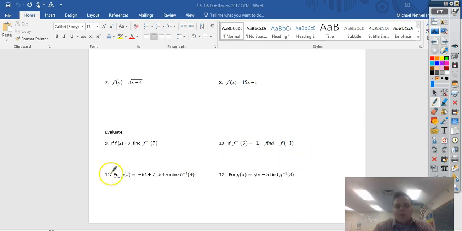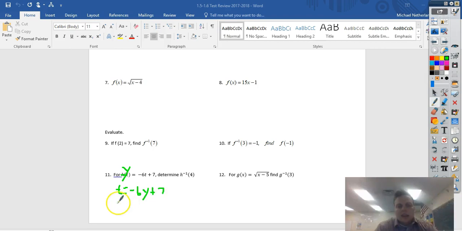Okay? For h of t is equal to -6t plus 7, determine the inverse of 4. Determine the h inverse at 4. Evaluate at 4. So first I need to find the inverse, okay? So this is really just a fancy y, so I switch y and t, because t is really just my x. So I get t is equal to -6y plus 7.